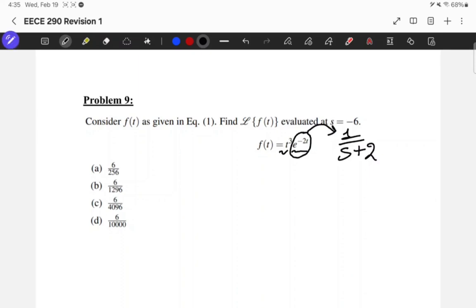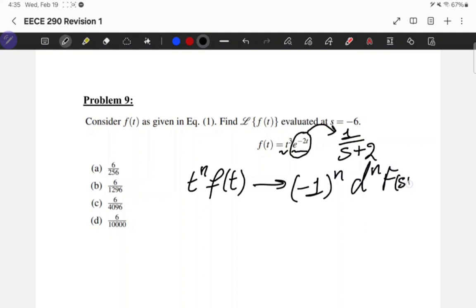Now, if I go and see my formula sheet, I notice that if my f of t is t power n times some function, it will transform to minus 1 power n, the nth derivative of the Laplace transform of this function in terms of s, or with respect to s. So if I have a term t power n, and I multiply it by some function f of t, what I will do is minus 1 power n.